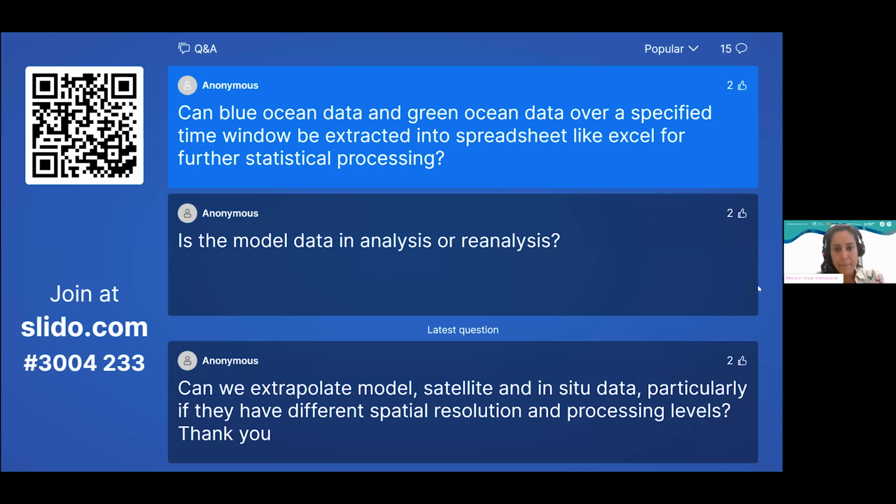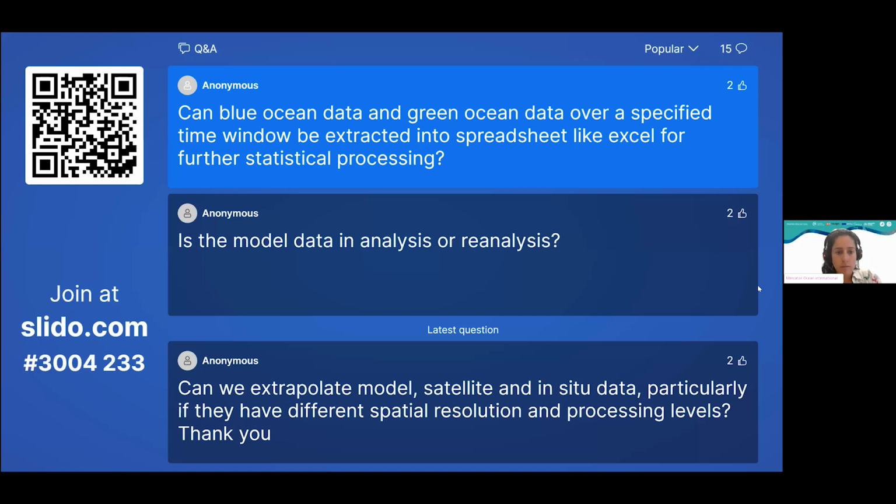For this data extraction, you will find on the data portal only the NetCDF format, and if you use, let's say, Panoply, you can extract this data for your specific area into a spreadsheet format like Excel.